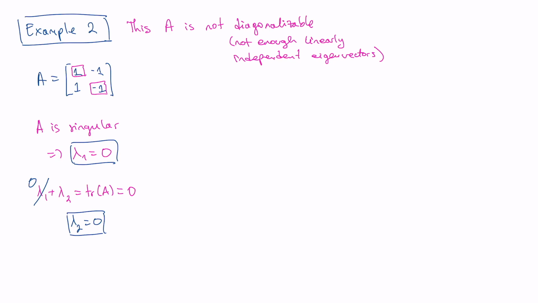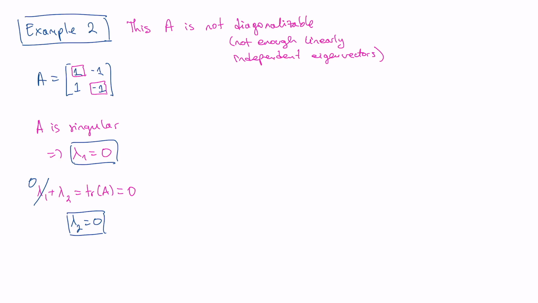And now the point here is that when we look at the matrix A, the null space of A will be the eigenvectors because the eigenvalues are 0. But the null space of A has only dimension 1 because the row space also has dimension 1. So we see that we can only find one linearly independent eigenvector.